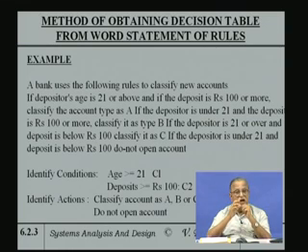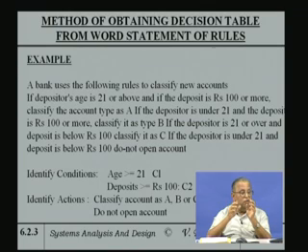Now, the first thing you have to do when a statement like this is given is to identify the conditions. When you go through this statement, you see that if the depositor's age is 21 or above, immediately I detect a condition: age greater than or equal to 21, that is condition C1. And the second condition is that the deposit is 100 rupees or more.